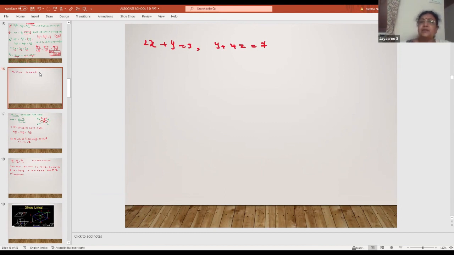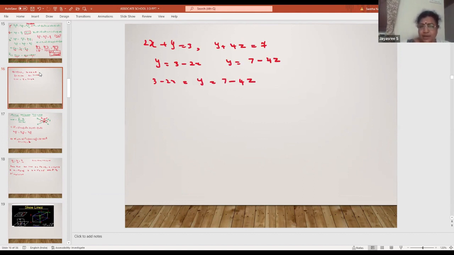So how to get the direction ratio, how to bring it into the standard form? You write it as y is equal to 3 minus 2x, and here y is equal to 7 minus 4z. Then you bring it as 3 minus 2x is equal to y is equal to 7 minus 4z.